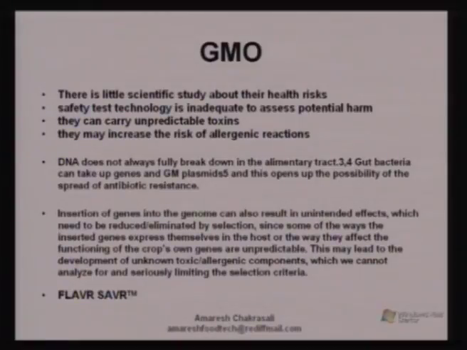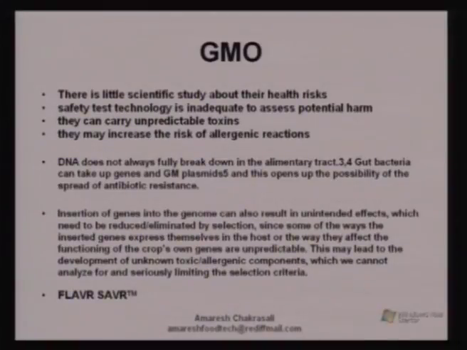What happens if that gets into our tract and is not digested or degraded fully and enters some other bacteria? If it is in the plasmids, then the antibiotic resistance can even come to those microorganisms, which can be fatal, as it is not favorable in treating some of the diseases.